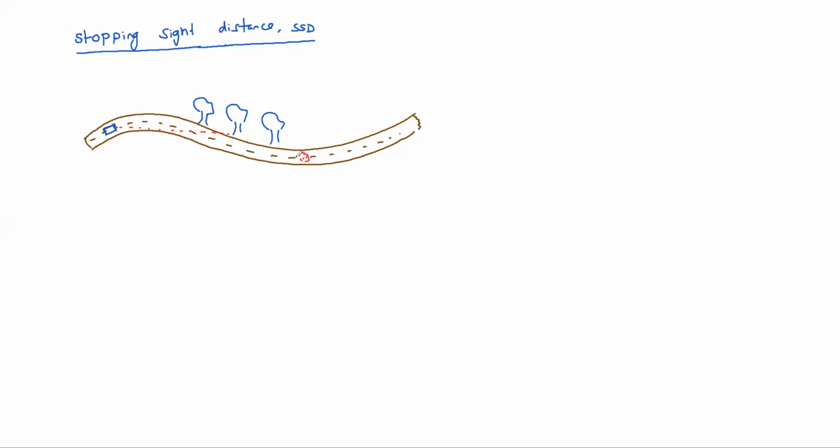That distance is actually called stopping sight distance. Some danger is seen from the vehicle, and to stop the vehicle before meeting that thing or animal or whatever danger, how much distance is required?